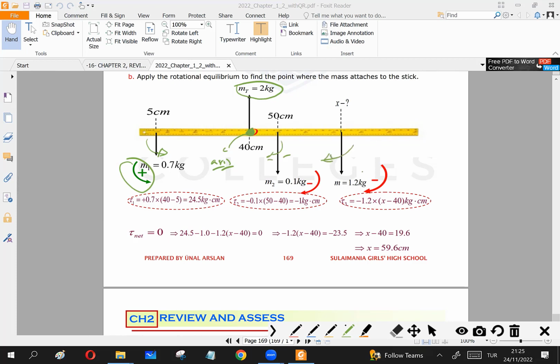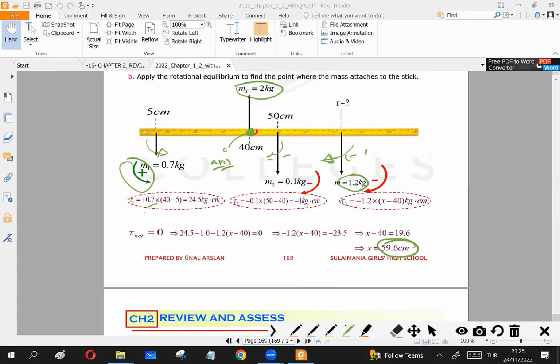Also, this unknown mass, which we calculated, produces a clockwise rotation, negative. One by one, I will calculate the torque of each force. But again, I will use centimeter because I will find the result in centimeter. Yani, if the result you are going to find is in centimeter, you can use centimeter in this calculation.